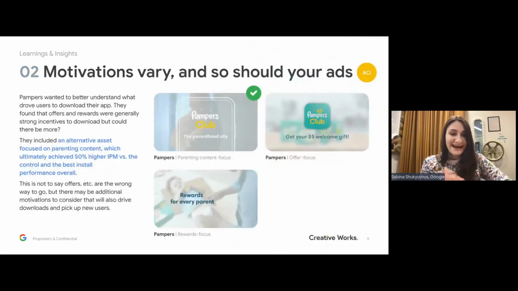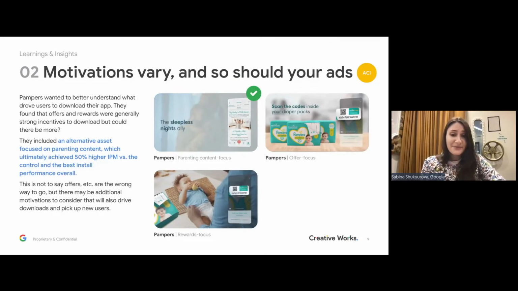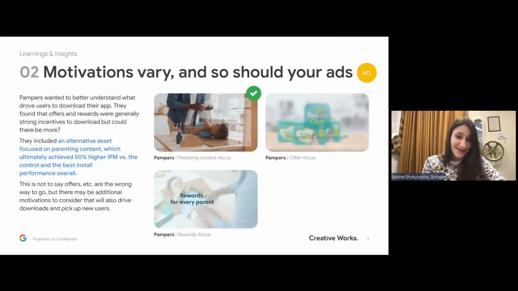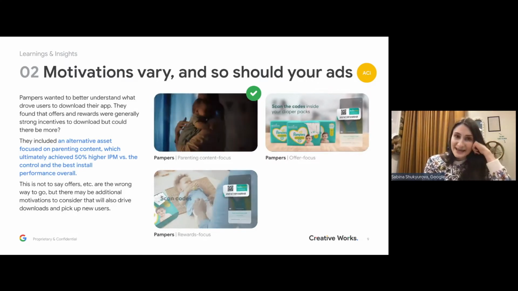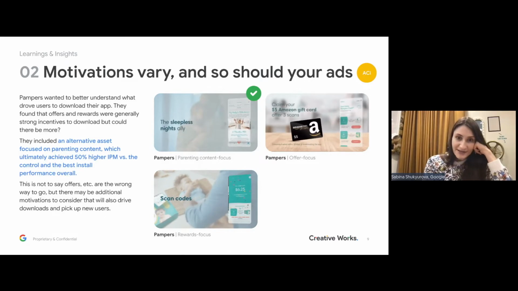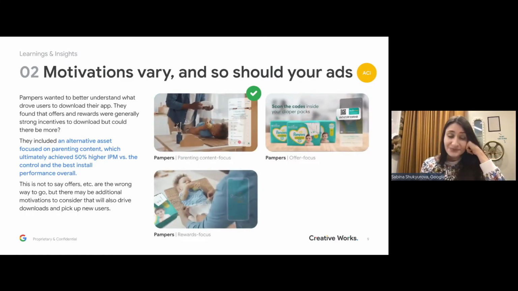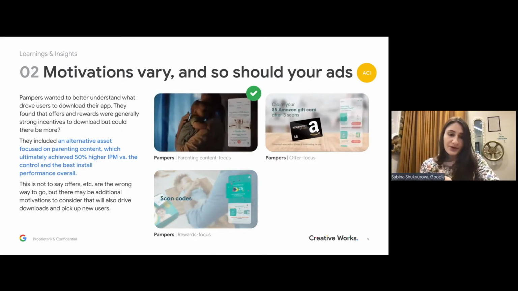So let's have a look. So here is a well-known company, Pampers, and they have an app in addition to their offline stores. And actually, this was the case when the client thought that the motivations that they considered to be driving the installs turned out to be different from what they actually were.